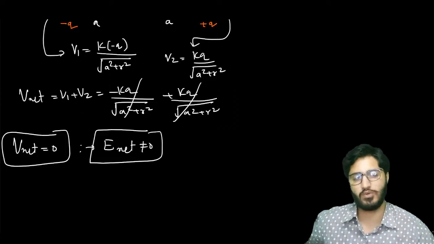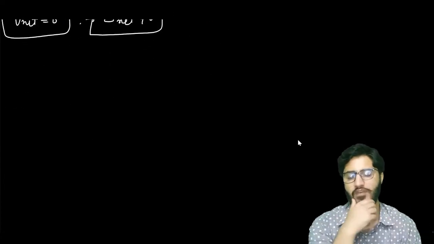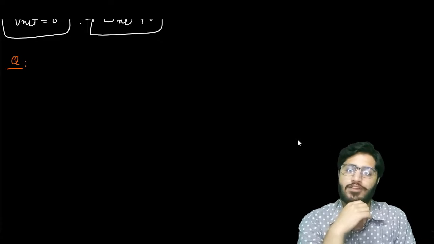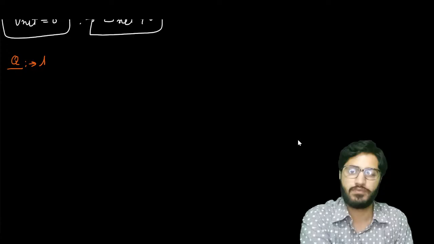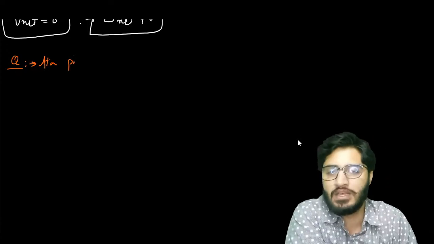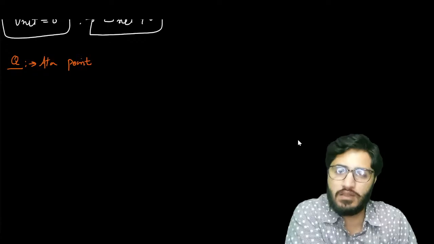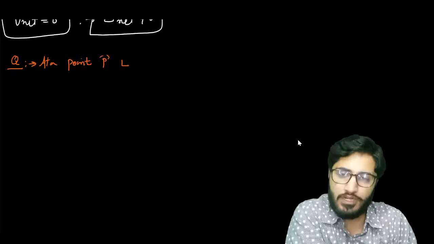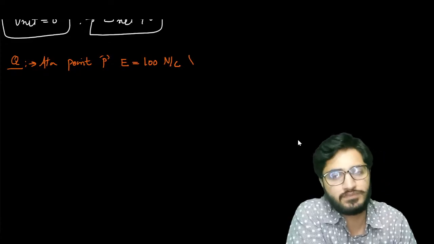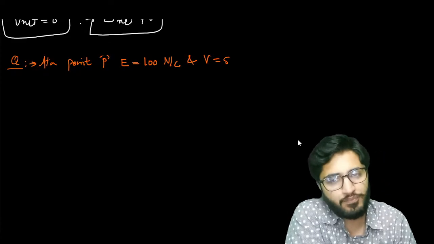Okay. Now one more numerical. We'll just do a different numerical now, okay? The numerical is like this: at a point P, electric field is given as 100 Newton per coulomb, and potential is 50 volt.